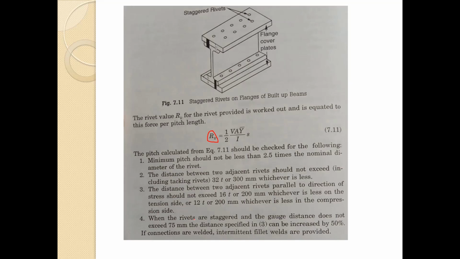When the rivets are staggered and the gauge distance does not exceed 75 mm, the distance specified in this third point can be increased by 50%. So if the connections are welded, intermittent fillet welds can be provided.